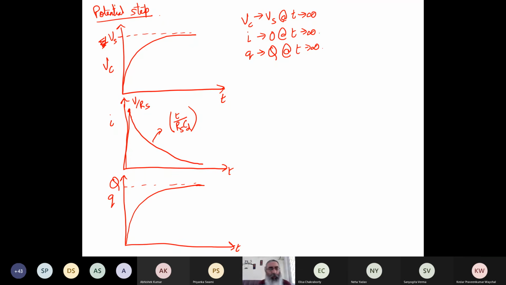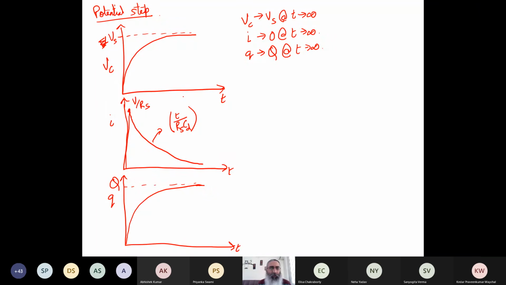Now, in reality, when it comes to practice, we cannot wait for infinite time and say that the capacitor has reached the maximum state. That's not a very tenable approach in a practical, real time setting.